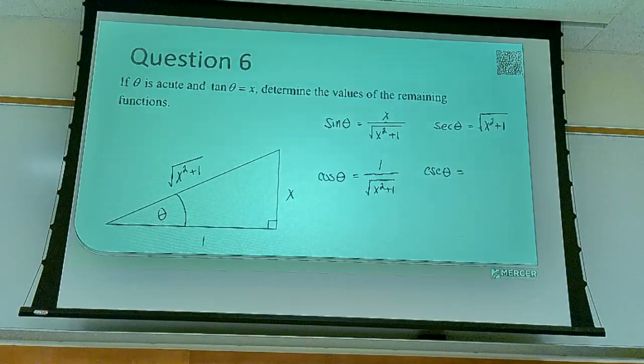Cosecant: square root of x squared plus 1 over x. The cotangent is 1 over x. Cotangent of theta is 1 over x.